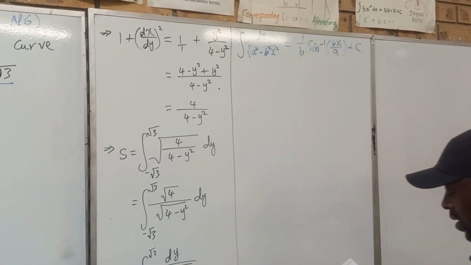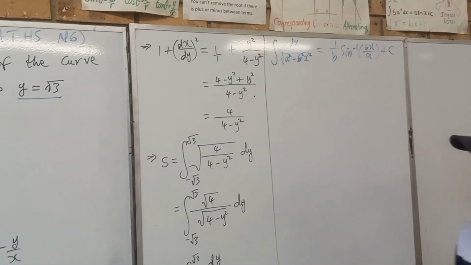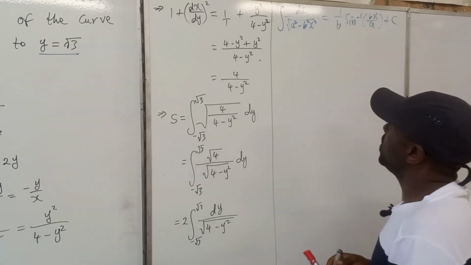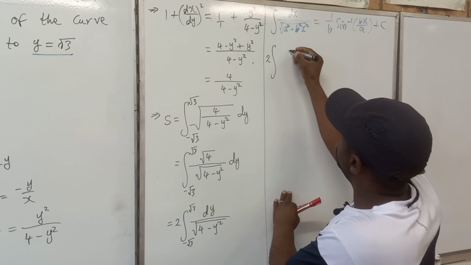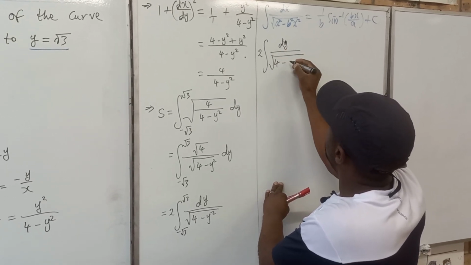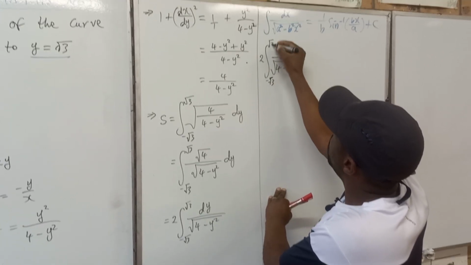So that's what I've seen on my N6 formula sheet, which is something that has a close resemblance to my problem. So I will then copy my problem next to it and do the matching. So my problem is in terms of y, dy on the square root of 4 minus y squared from negative root 3 to root 3.